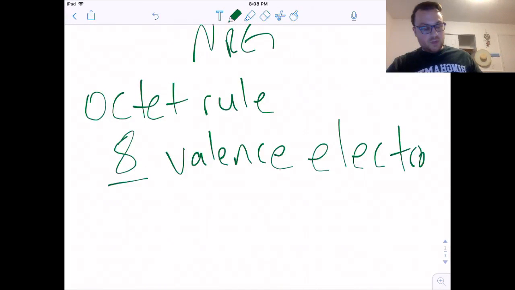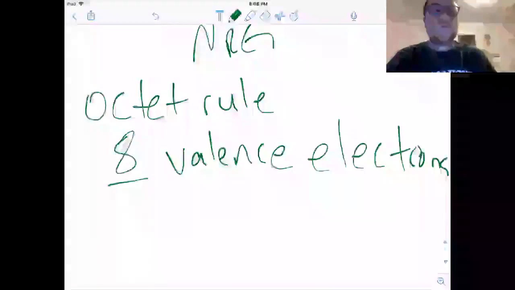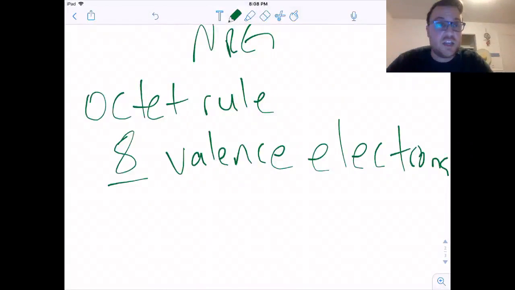So we are trying somehow, some way to get to 8 valence electrons, and each atom is going to do that a bit differently depending on what it's bonded to. You can do it ionically, where electrons are transferred from one atom to another, or covalently, where each atom will share their valence electrons.